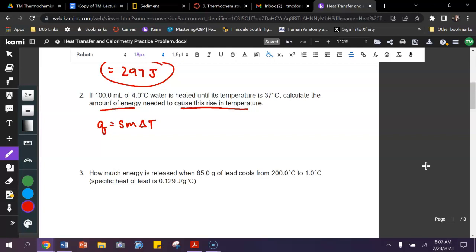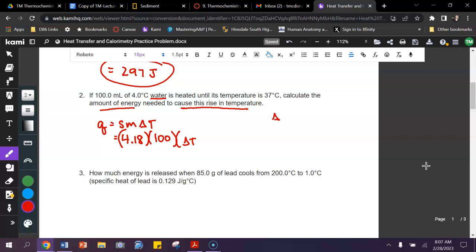And we have our S for water, because that's what we're using here, is 4.18, and I know that from the values that I gave you at the top of the page. The mass of water is equal to the volume of water, so this is 100 grams. And then we have ΔT.